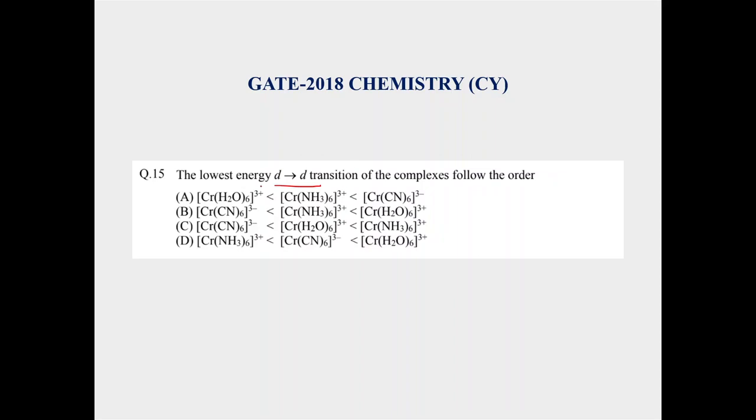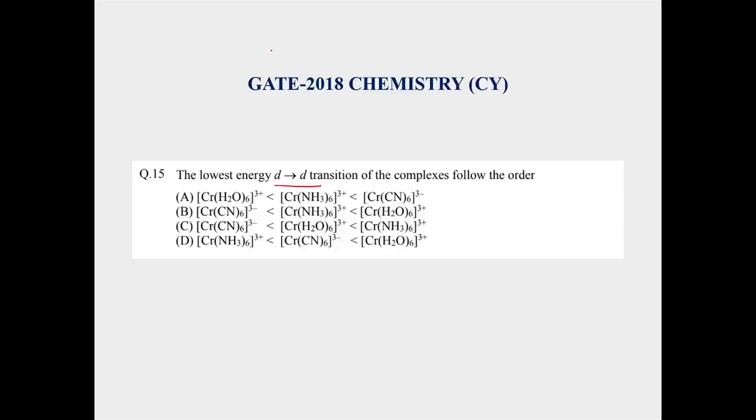So we have to write the order of the energy of d-d transitions for these complexes. Again, this is a question from coordination chemistry, and here they are asking about the energy. The complexes given are chromium H2O whole 6, chromium NH3 whole 6, and chromium CN6 3 minus.